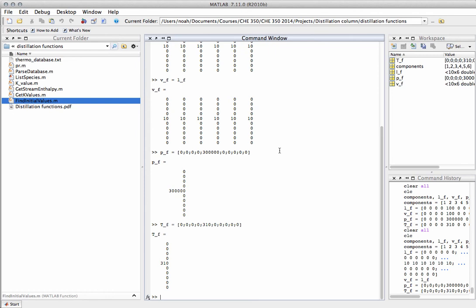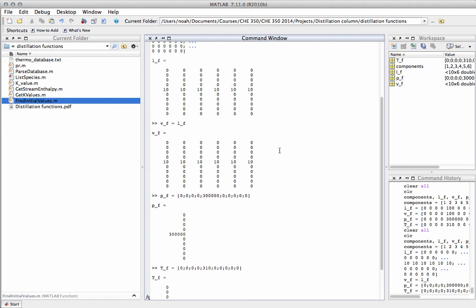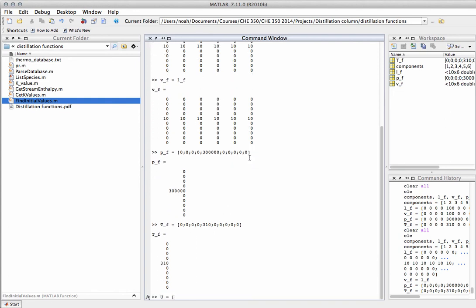All right, this also is an n by 1 vector, so U now has the structure. So let's say I expect half of the stuff to go up and half of it to go to the bottom, so I've got a total of 60 plus 60 is 120 kilomoles. If half of it goes to the top, we've got 60 kilomoles going to the top. So this side stream flow rate is going to be in kilomoles per hour. And then it's 0 for everything else.